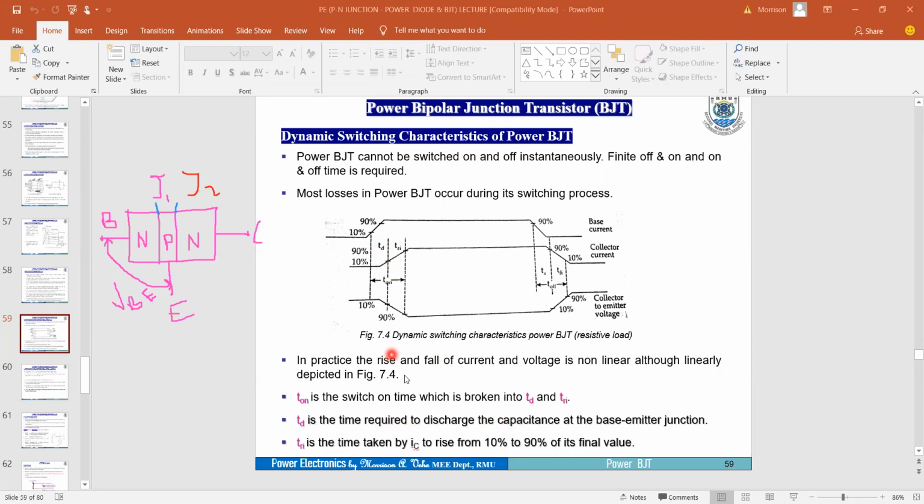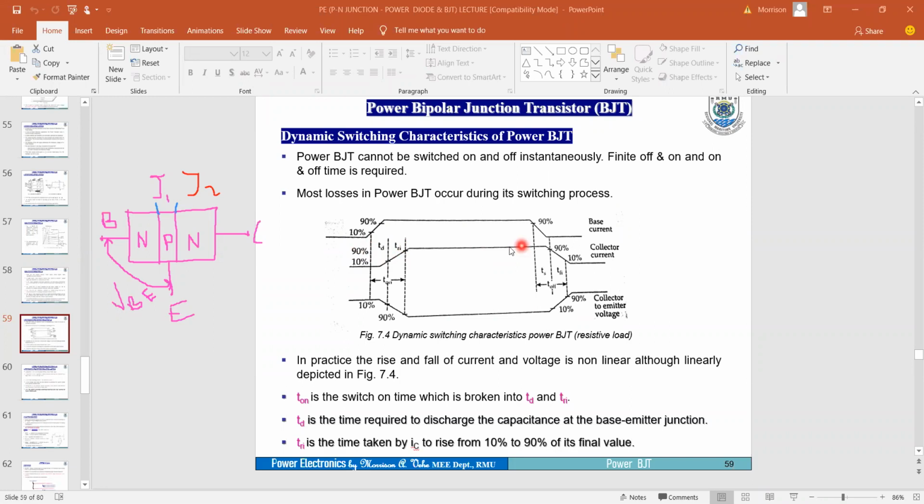Then during TRI, there is a rise in the collector current from the 10% point to 90%, as we can see here. Then when it gets to this stage, the collector current is steady.